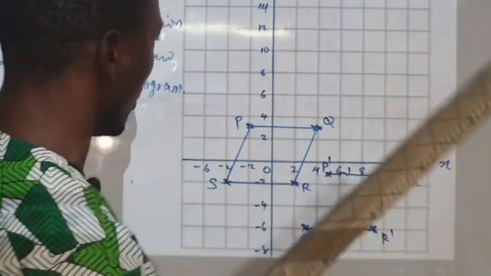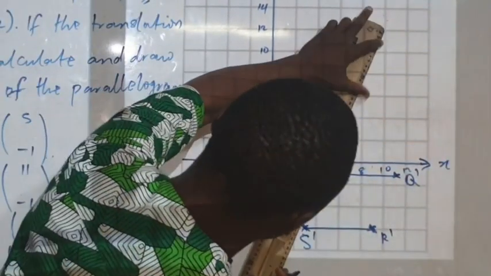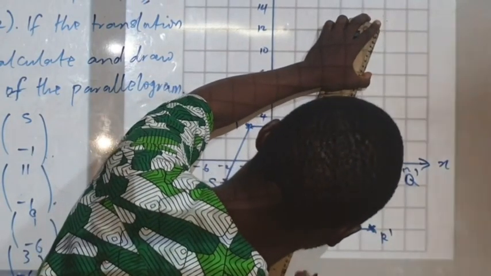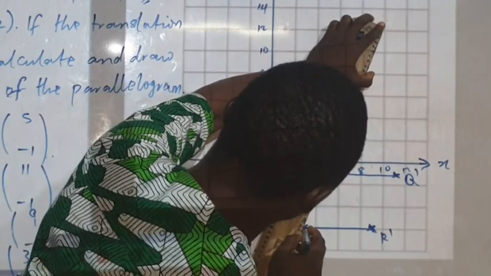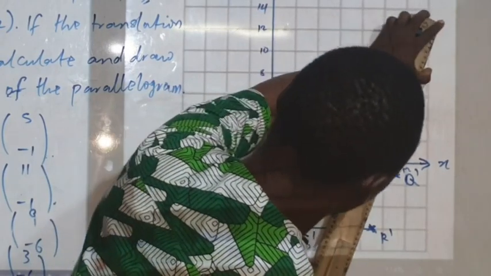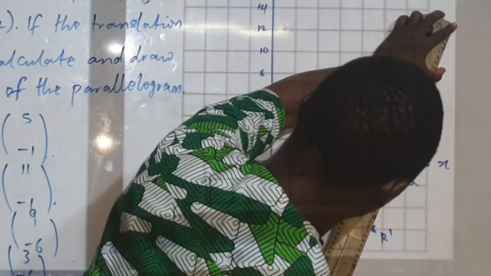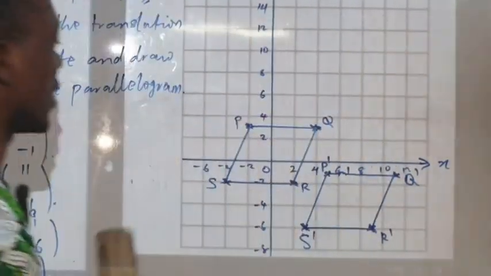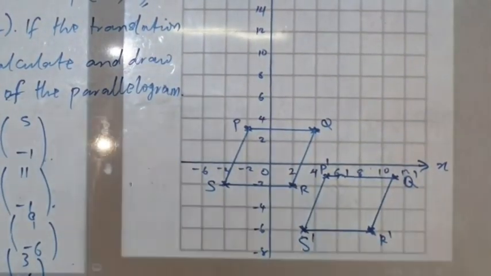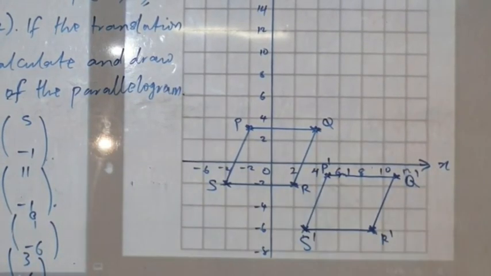So join P prime to S prime. Then R prime to Q prime. So this is the prime image. So you can see the translation in a straight line.